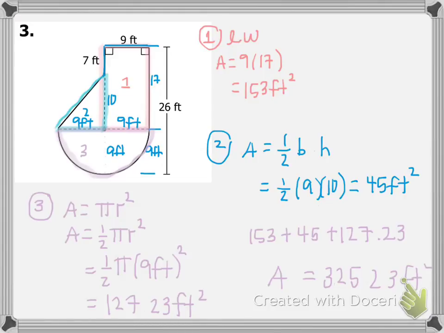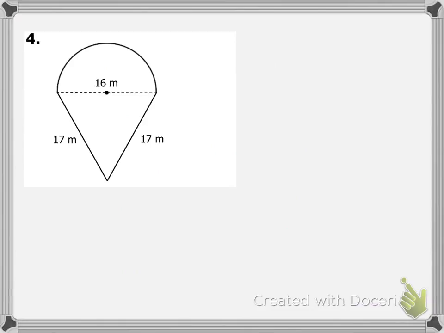feet squared. Okay. All right, let's do one more of this. All right, so here I've got a cone looking kind of like a baseball diamond almost. Okay. Well, I have a semicircle here.